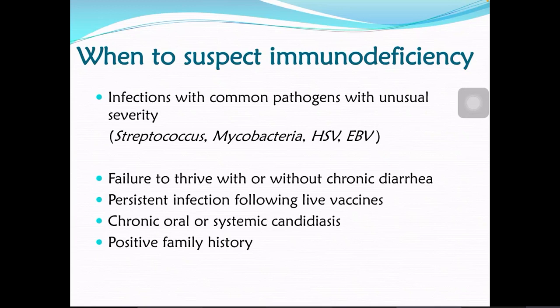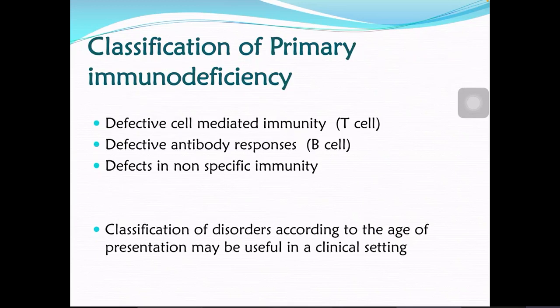So now that we have discussed two broad categories, the primary and secondary immunodeficiencies, and then having gone through when to suspect immunodeficiency, now we will try to classify the primary immunodeficiencies. There are again three broad categories.